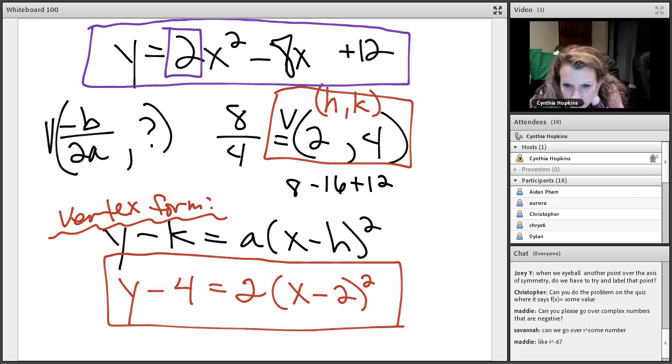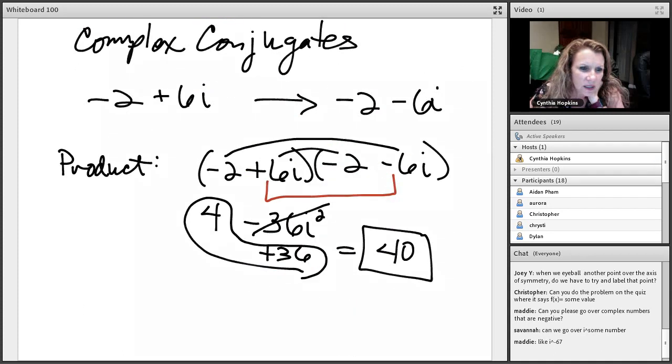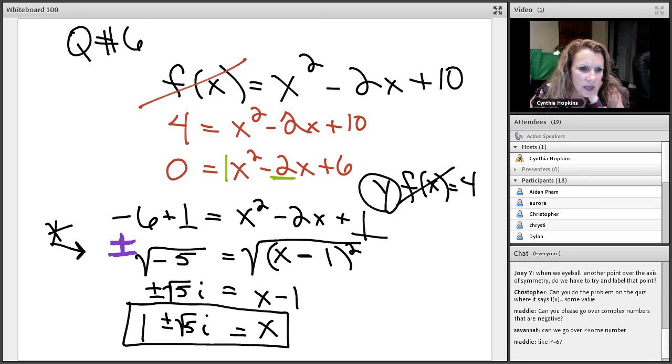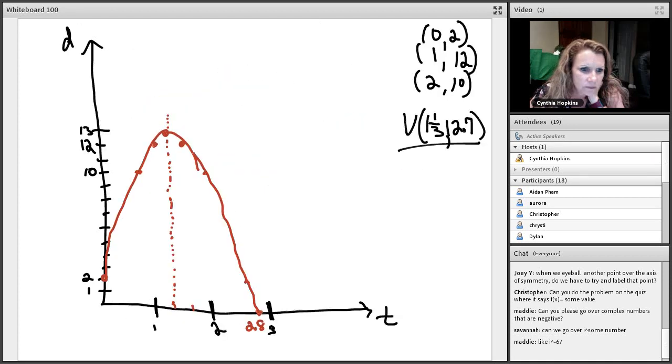All right, let's see. Joey, when we eyeball another point over the axis of symmetry, do we have to try and label that point? I would say, I mean, if they're integers, let me go back to my graph. I want to point out what I did on my graph, Joey. Okay, right here. Let me show in red with an arrow. I plotted the point (0, 12), (1, 10), and (2, 10).